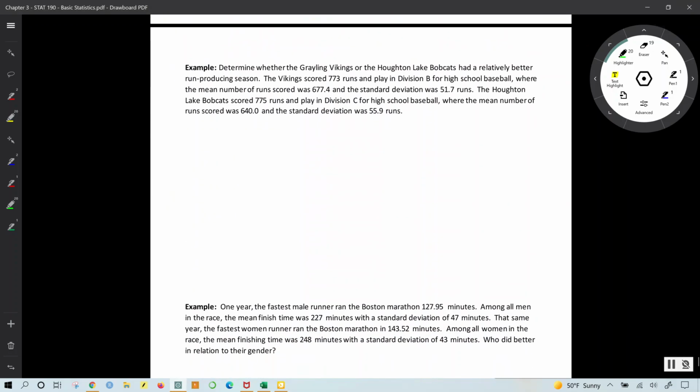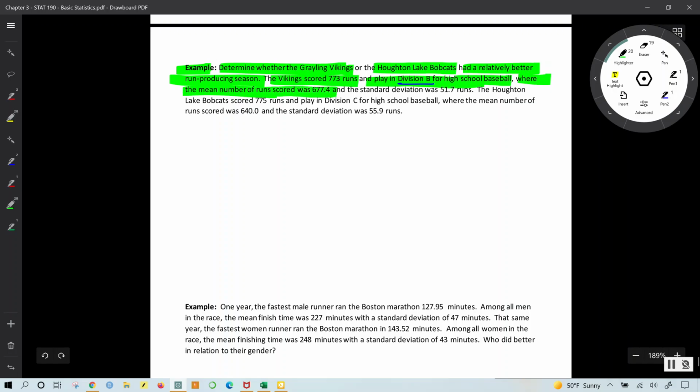Let's see another example. In this example, we're to determine whether the Grayling Vikings or the Houghton Lake Bobcats had a relatively better run-producing season. The Vikings scored 777 runs and play in Division B for high school baseball, where the mean number of runs scored was 677.4 and the standard deviation was 51.7 runs.